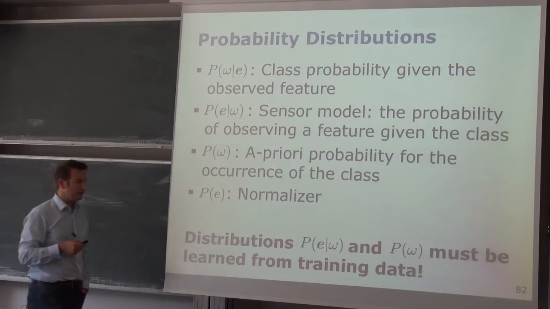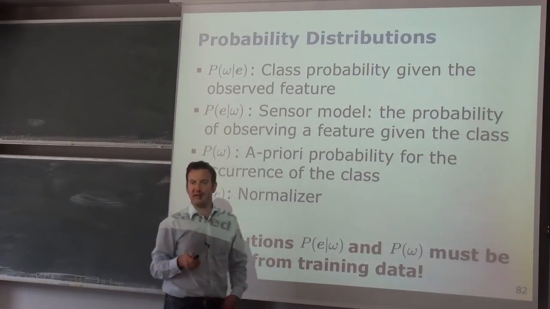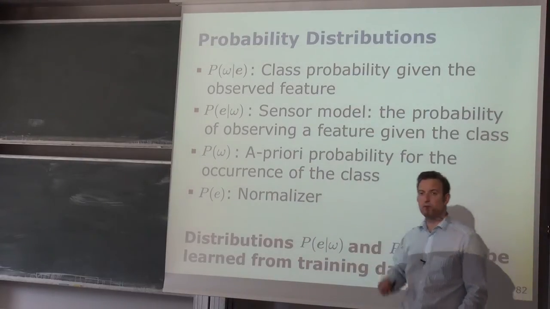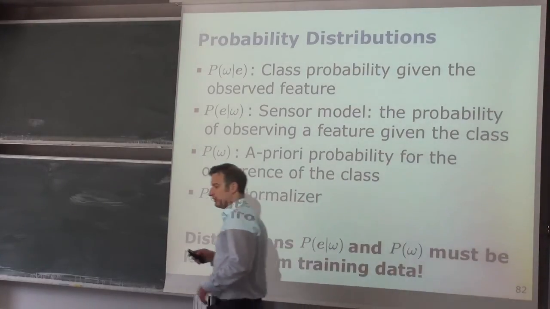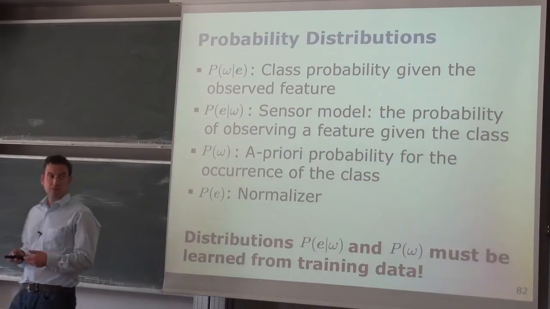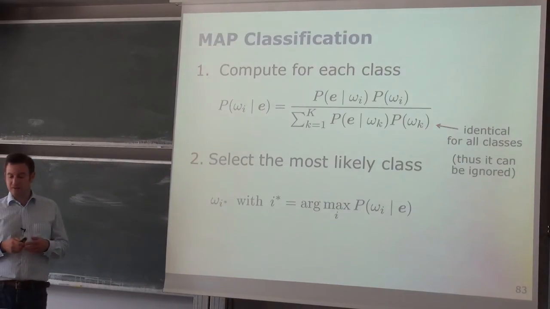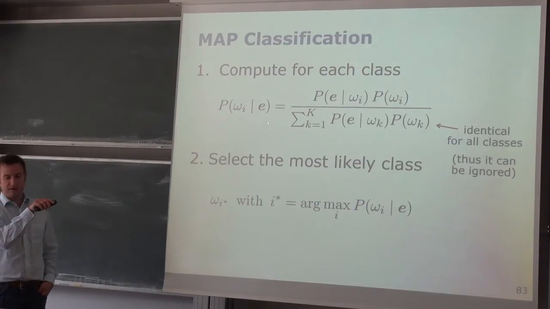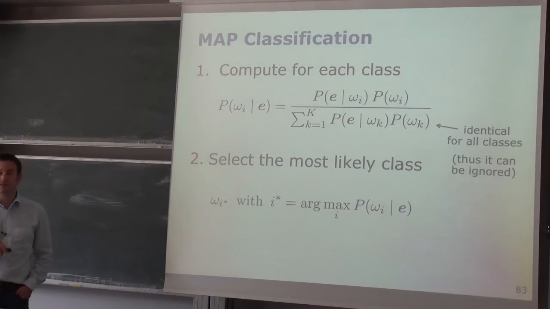So if I learn a classifier, a MAP classifier, what I need to do is learn those two probability distributions. That's the key thing I need to do. And if I do that, MAP classification actually gets pretty simple. It's a two-step process. I apply Bayes' rule, and as I said here, again, this is identical for all classes, thus it can in the end be ignored for decision making. So I can just say this element is proportional to what's written here, top.